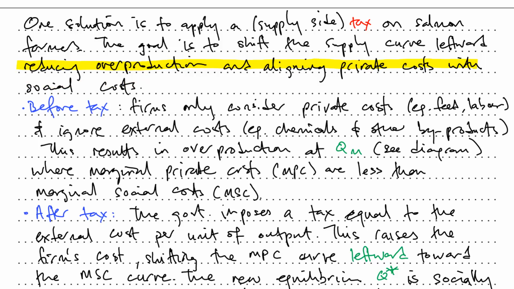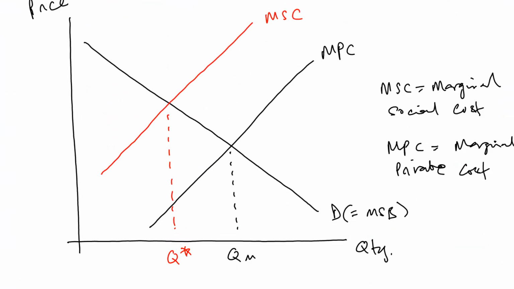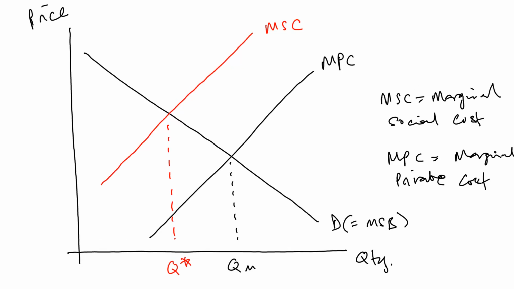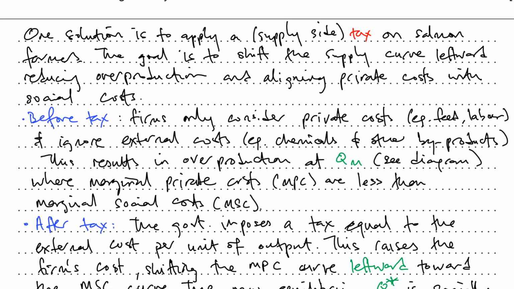Essentially, the problem is caused by this fundamental misalignment between marginal private costs and marginal social costs. So we have to somehow realign these things. We need to shift the MPC curve back to the level of the MSC curve. And one way to do that is to use taxes, because that will help realign those two curves.